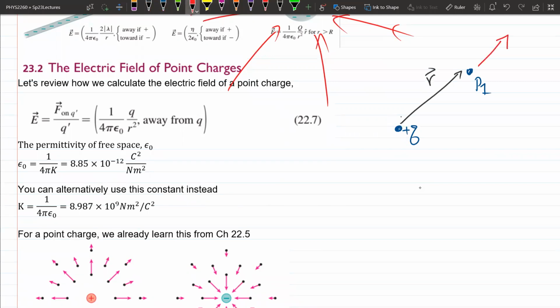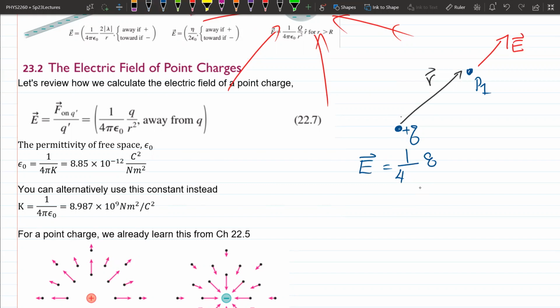So this red thing is the electric field. So it points in the same direction as this R vector. And the magnitude is calculated by the charge times 1/4 pi epsilon naught.